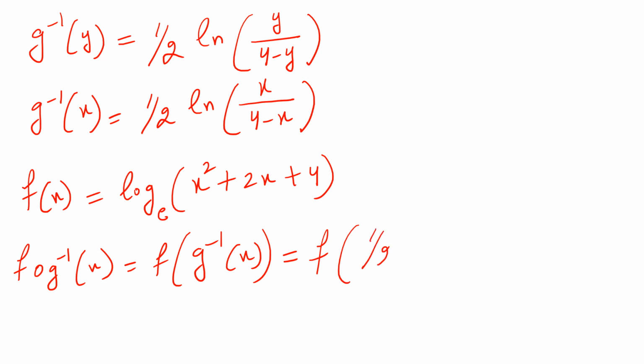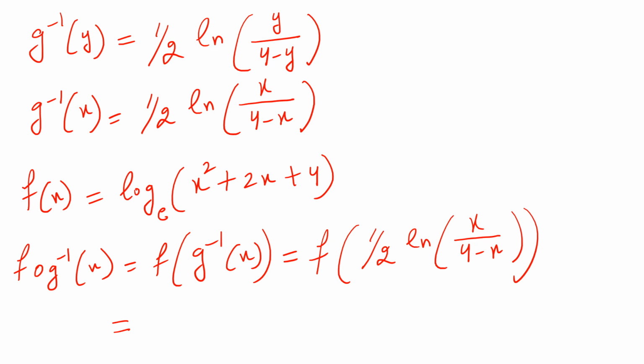It is 1 upon 2 into log natural of x upon (4 minus x). Now students, to find the value of this function, I will put x equal to 1 upon 2 into log natural of x upon (4 minus x) in the function f of x.